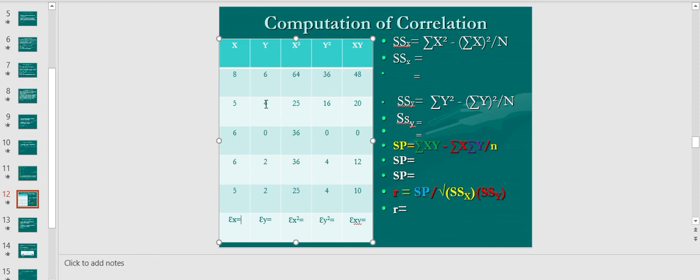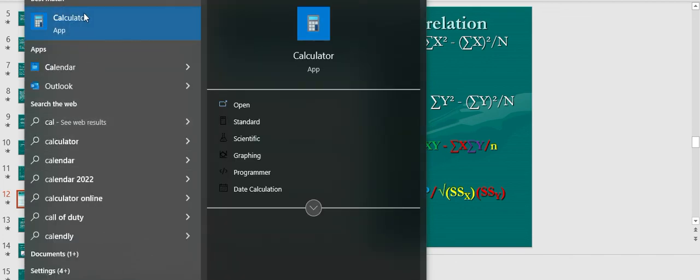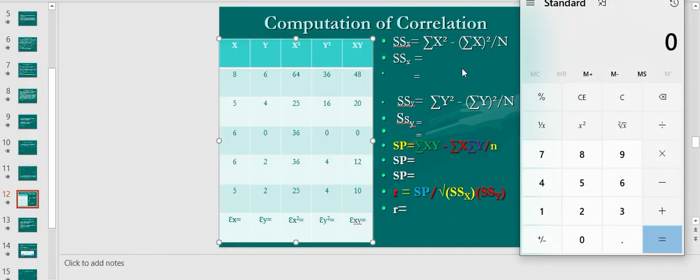Okay, we will take the sum of all these columns. 8 plus 5 plus 6 plus 6 plus 5 is equal to 30.